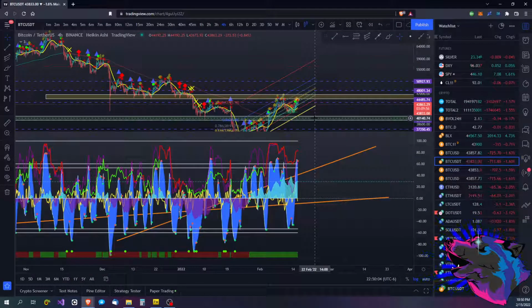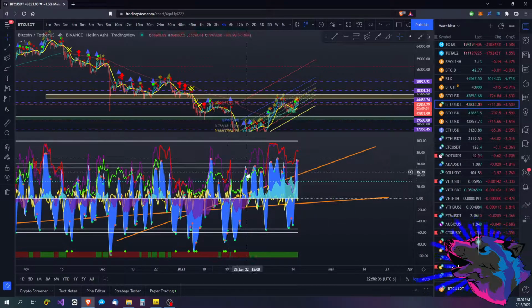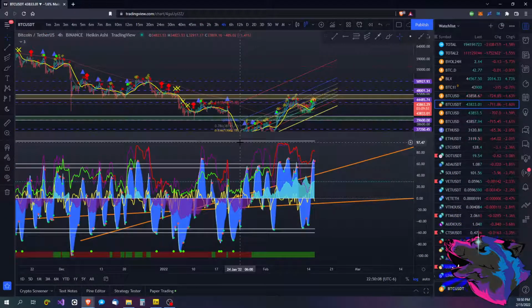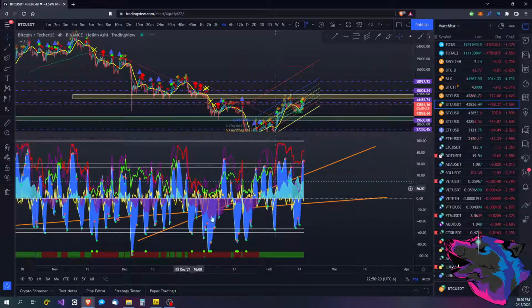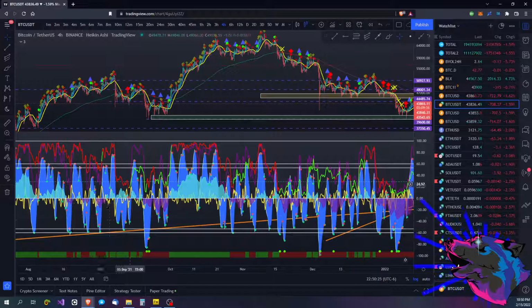Funny thing is though, just a heads up, if you're going through these charts and you don't come back to the daily in a while, which first off, shame on you, you should be checking the daily often. But if you don't, you'll come back to it days or weeks later and that trend line will be way back here.